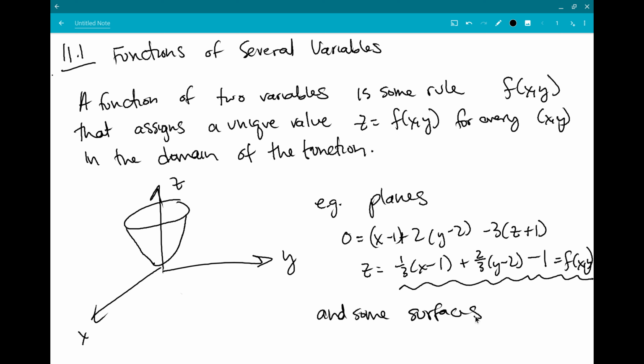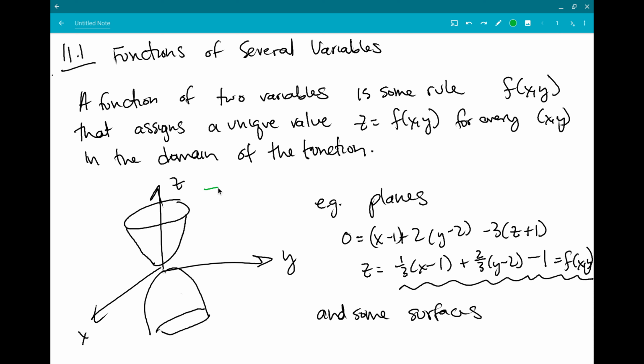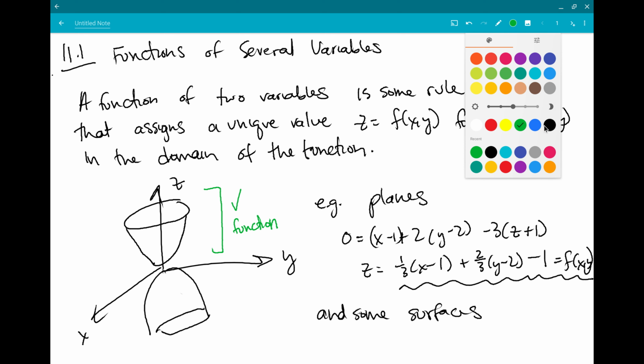And some of the surfaces we've drawn have also been functions, but some haven't been. So a lot of these ones that had z squared in them would have sort of a top and bottom part, depending on whether you took z equal to plus or z equal to minus of whatever you solved for. So either of these alone is a function, because as I showed before, any coordinate you visit, there's only one value, z, that matches that xy coordinate.